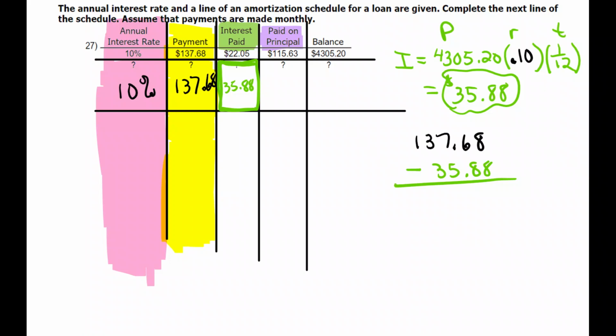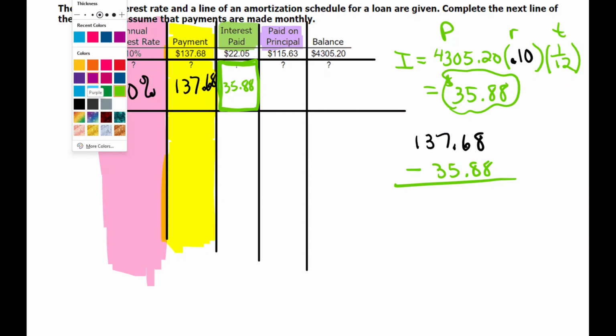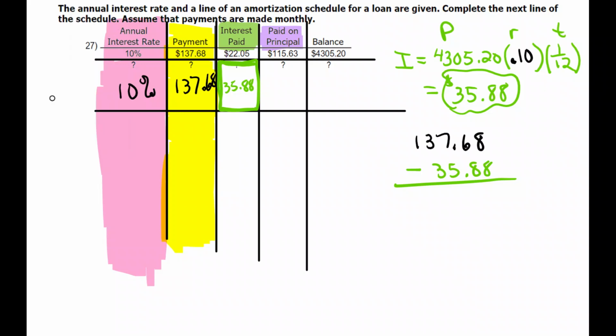So subtract those two numbers, and let me find a purpley pen. That's about as purple as I'm going to get. That'll give you $101.80. That's what's going to go right here in this box. 101.80.